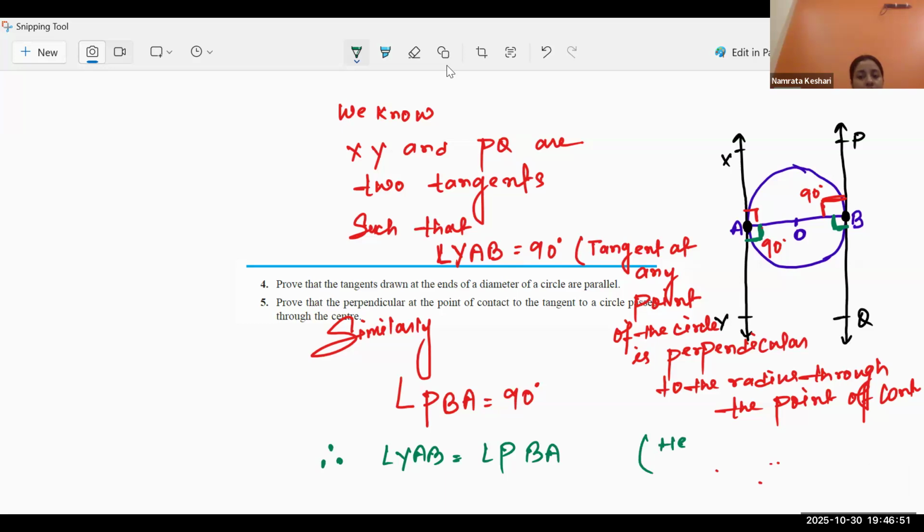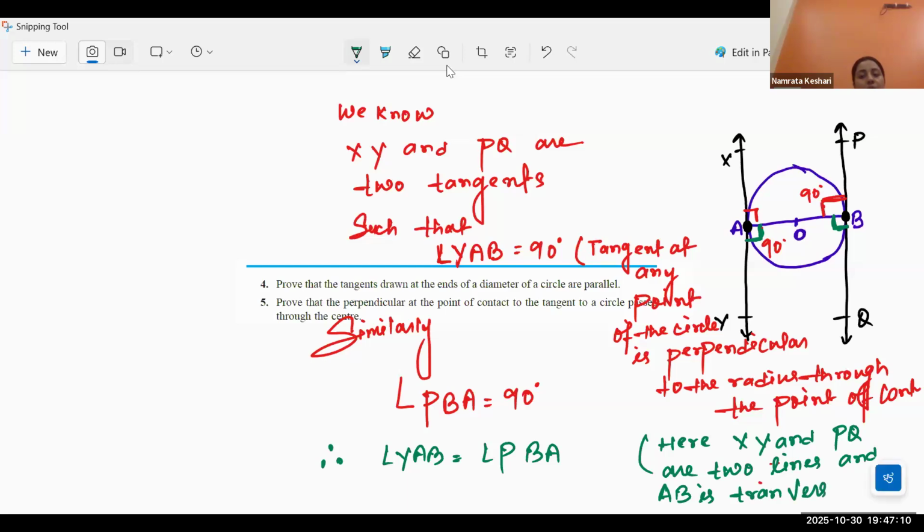Here, XY and PQ are two lines and AB is a transversal. And these two are nothing but a pair of alternate interior angles.